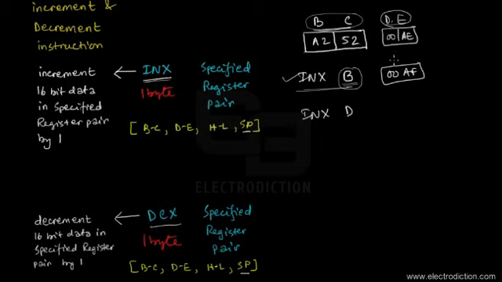This would be the new 16-bit data in the DE register pair. That's how this works out.